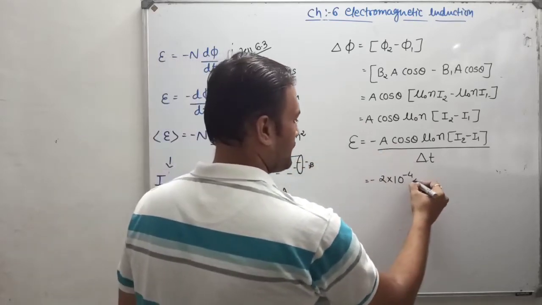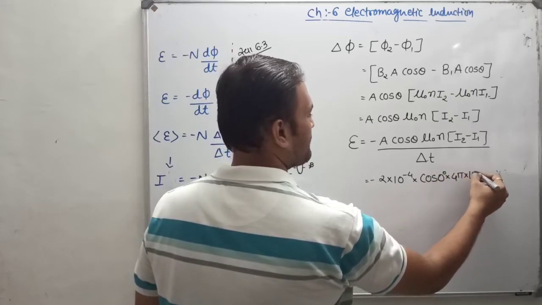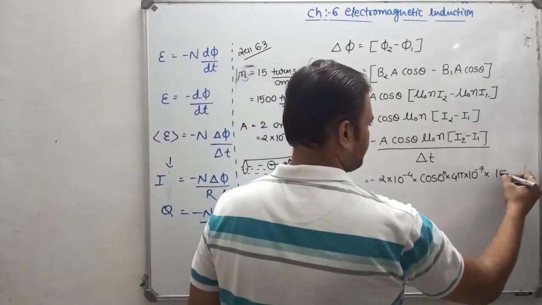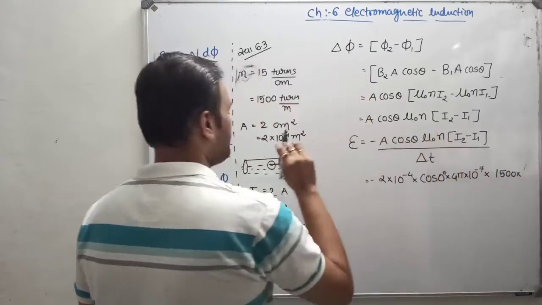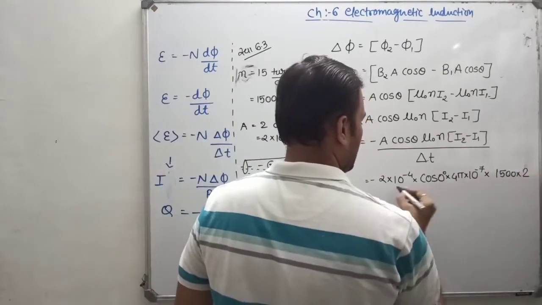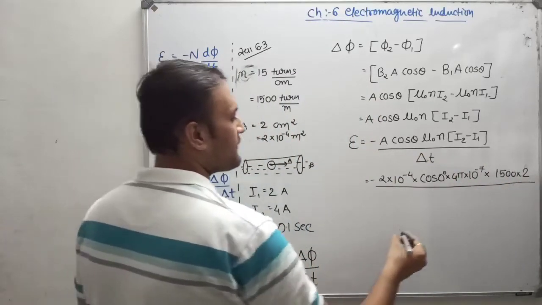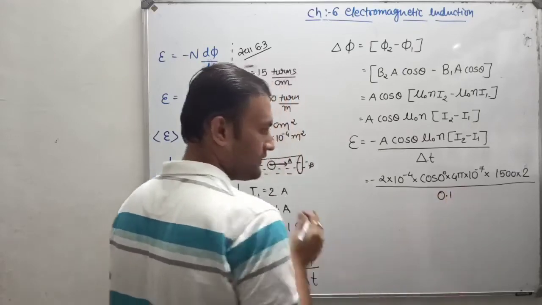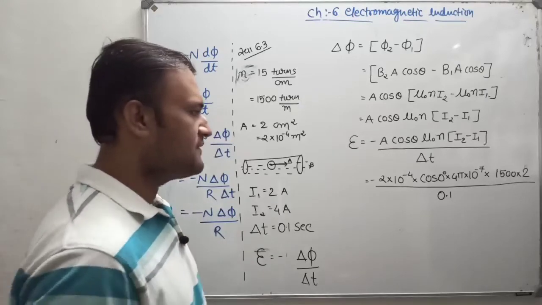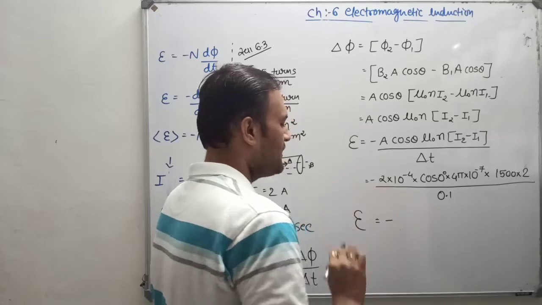So cos 0. mu 0 is equal to 4 pi into 10 raised to minus 7, small n is equal to 1500, and I2 minus I1: I2 is equal to 4, I1 is equal to 2, that is 2. Delta t is equal to 0.1. Okay, do this much work and your answer will come. It is simple, do all the calculation and you can find the EMF here, but it will come with a minus sign, no problem.